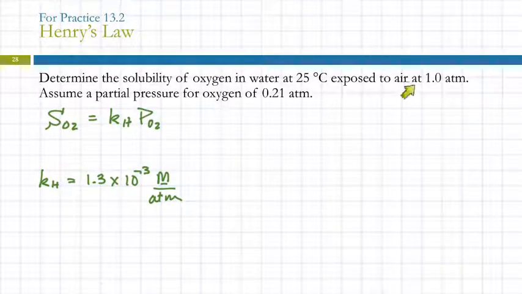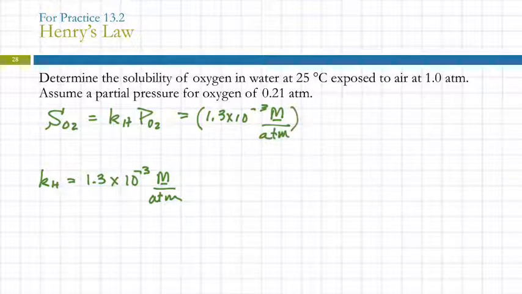So we're given two pressures here. This is the air at 1 atmosphere, and this is the partial pressure of oxygen. This is the pressure that's important. So to find the solubility of oxygen, we're going to use the Henry's law constant, 1.3 times 10 to the minus 3, times 0.21 atmospheres.